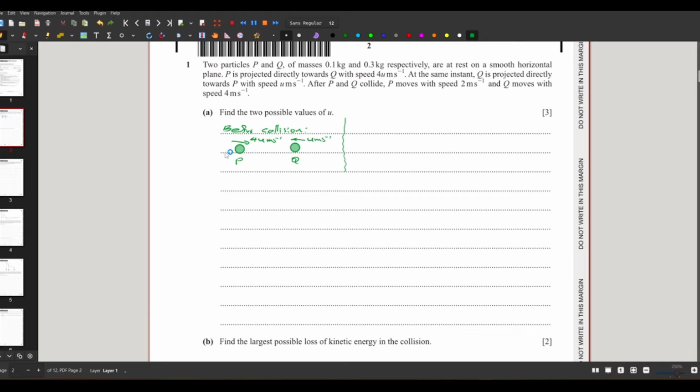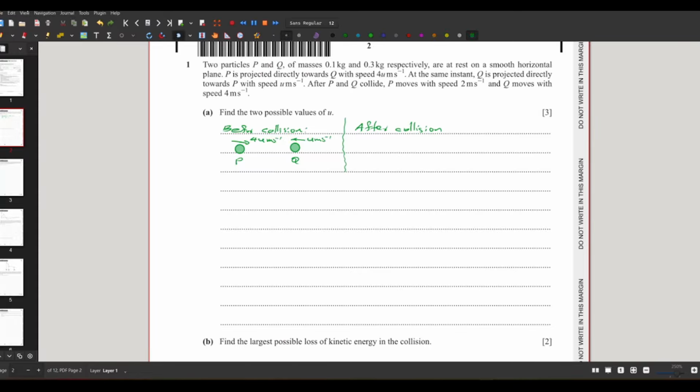Then let's take the after collision situation. Let's draw again.